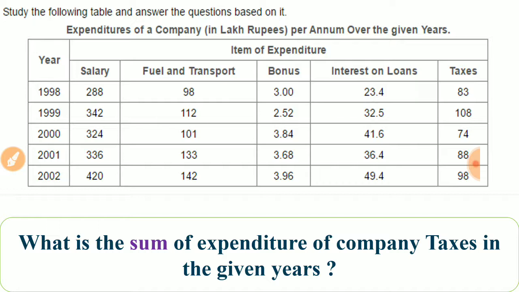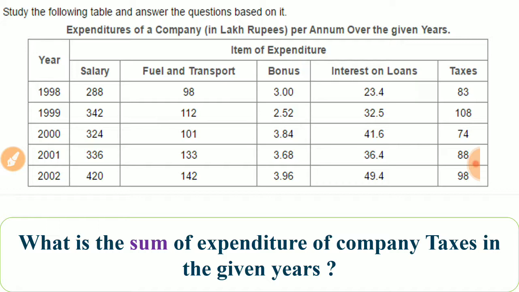So this total table is the expenditure of the company for the last 5 years from 1998 to 2002: expenditures like salary, fuel and transport, bonus, interest on loans and taxes. This is very simple and straight. Tabular questions are very important for our exam because most of the questions from data interpretation are in table form for our CBSE NET exam.